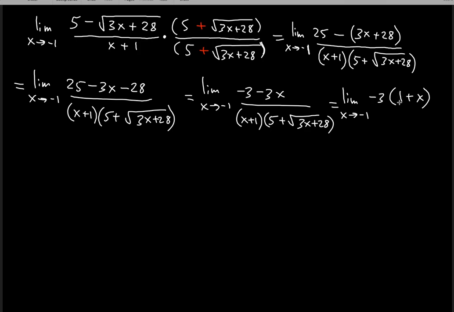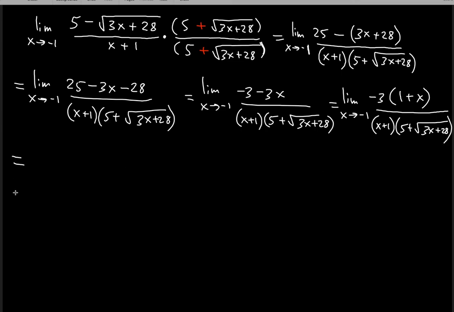Because minus 3 is the GCF of these two terms. It can be taken out. And then 1 plus x is what you need in order to get the first term to be minus 3 and the second term to be minus 3x, right? And that's what it is. And then here we get, of course, as usual, x plus 1 times 5 plus square root of 3x plus 28.